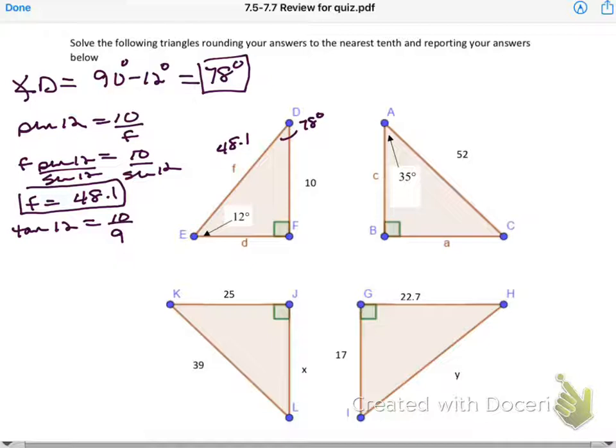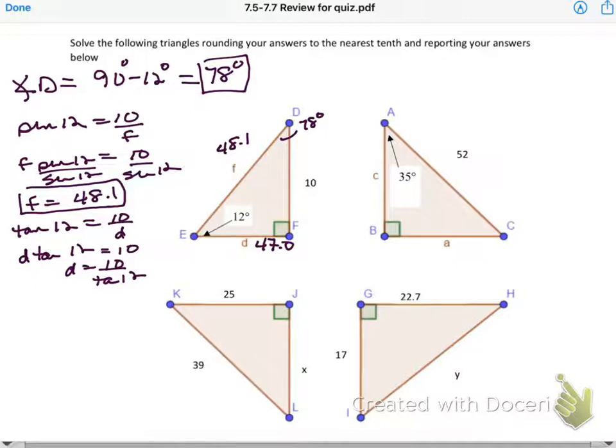Sorry, this is D times tan 12 equals 10, so D is going to be 10 divided by the tan of 12, and for D, I'm getting 47.0, because remember, I'm rounding to the nearest tenth. Okay, so that triangle is done.